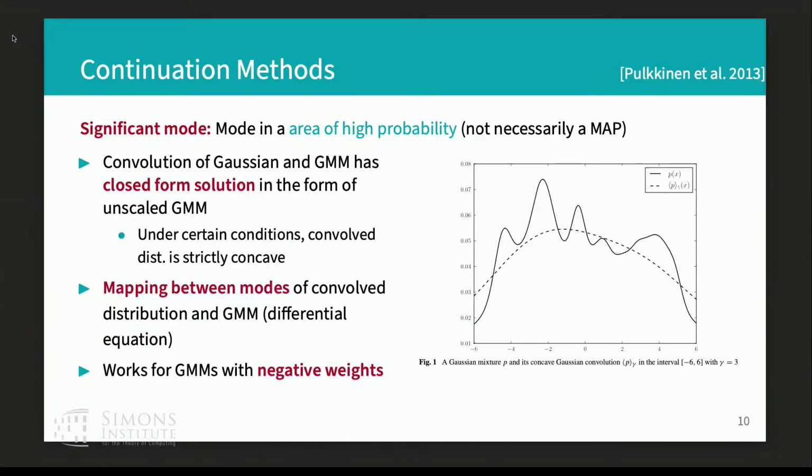Also you can show a mapping between the modes of the convolved density and the original modes. It's not a trivial mapping because you need to solve a partial differential equation, but you can do it numerically. So you have this very convoluted method, but it seems to work really well, and it's quite different from everything that we have been doing.